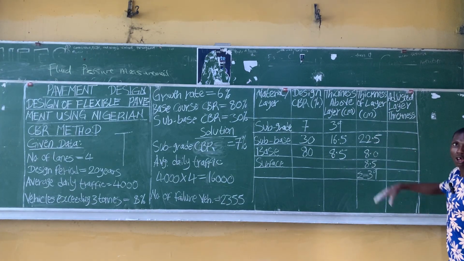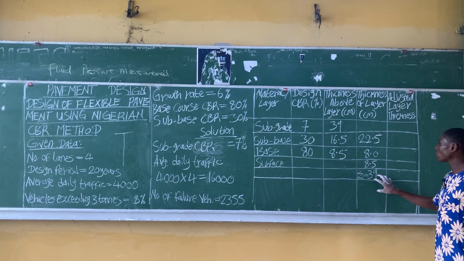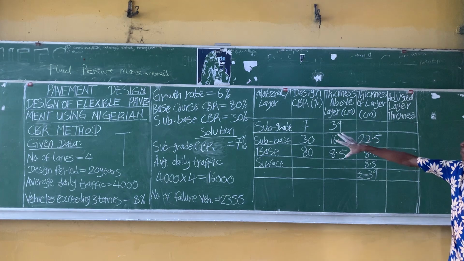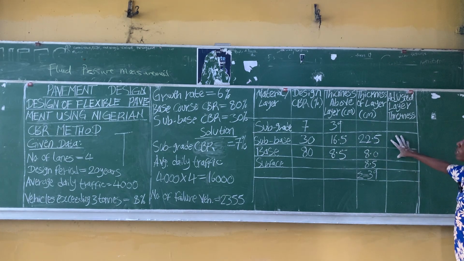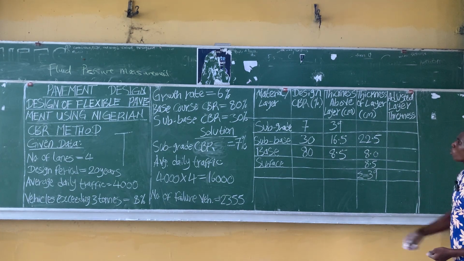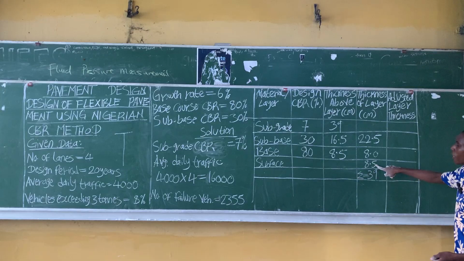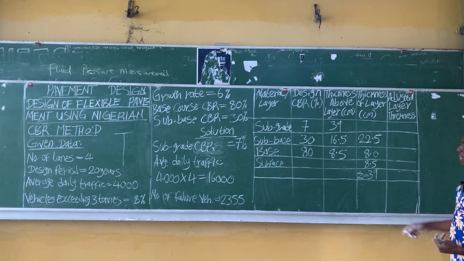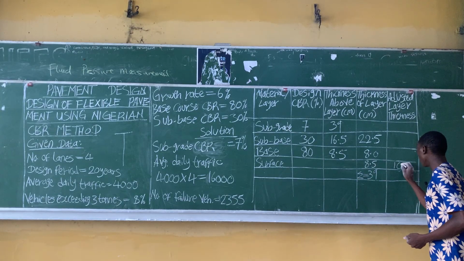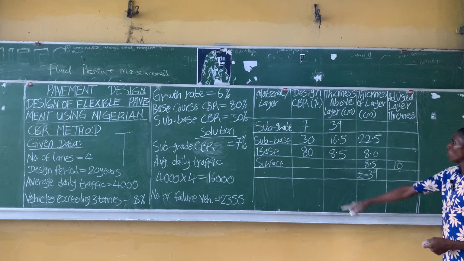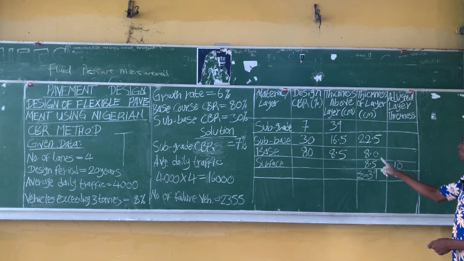So now we have our total thickness to be 39 centimeters. We proportion this value to the different layers in such a way that it will be at a standard proportion. For our surface course, we have 8.5. We can simply vary it to be 10 centimeters. For our base course, we have 8.0.